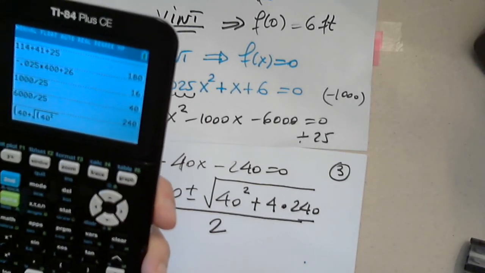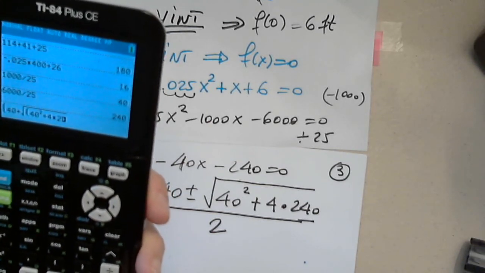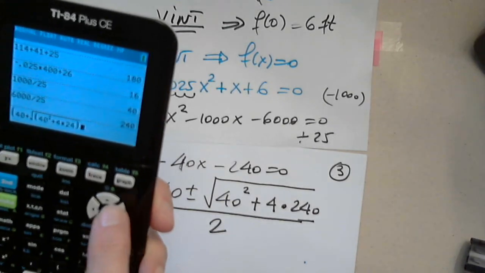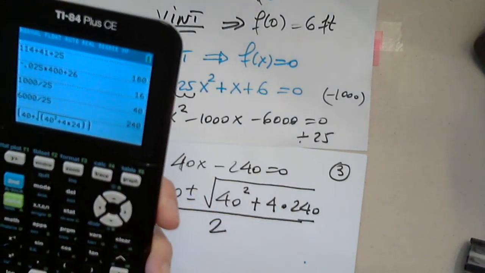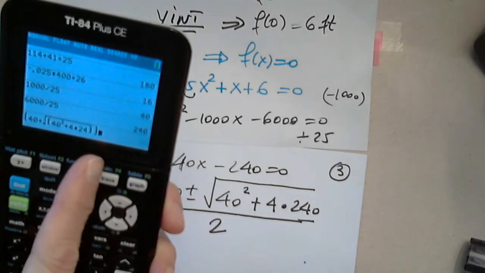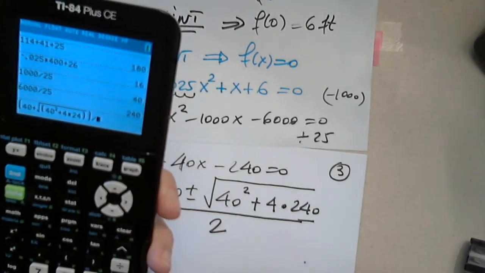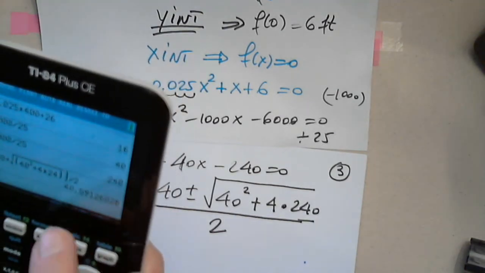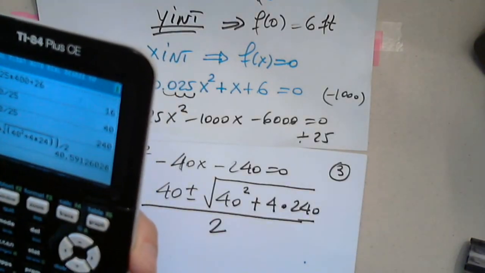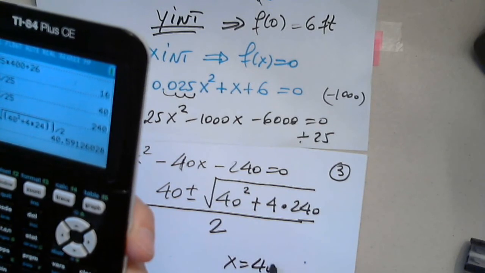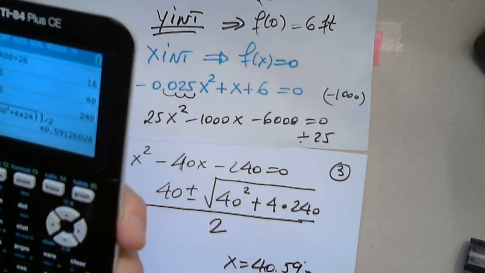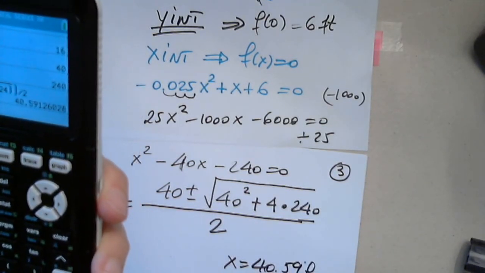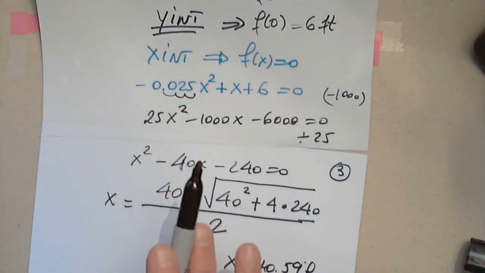So 40 squared plus 4 times 240, close the parenthesis, go outside for another parenthesis to close the first one. And now we divide by 2. And we press enter. And I got 40.59. So x equals 40.59. And then this is in yards. Sorry, x is in yards. Yes.